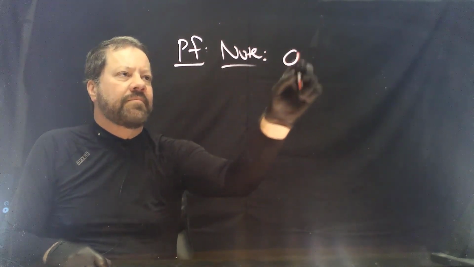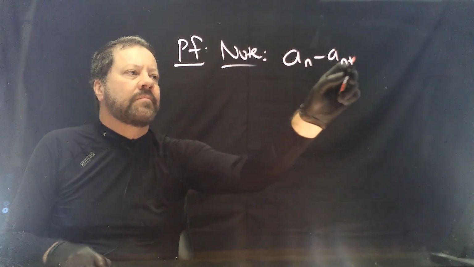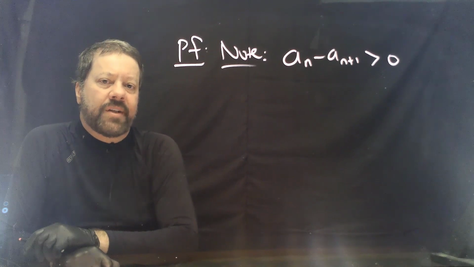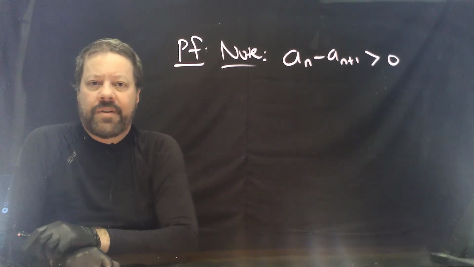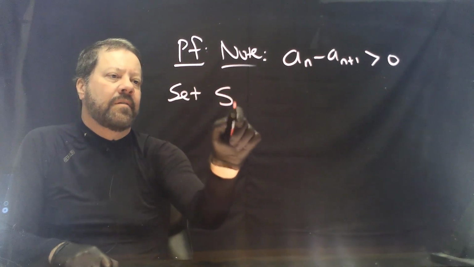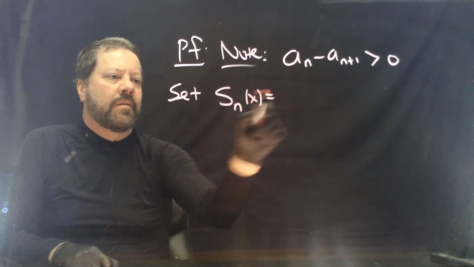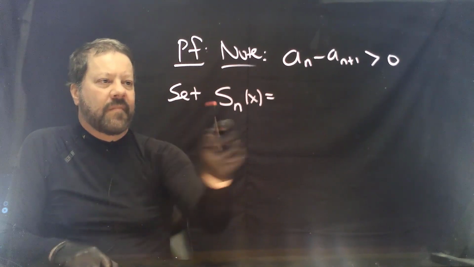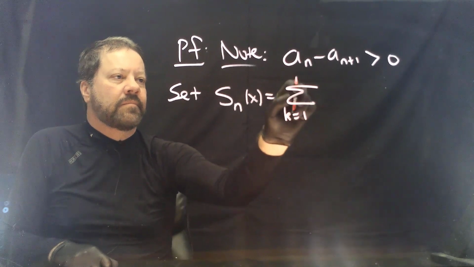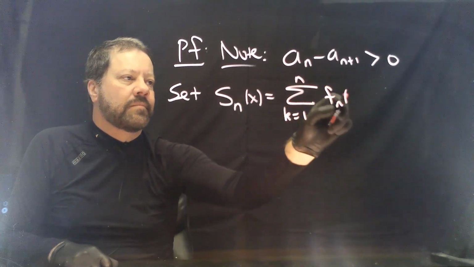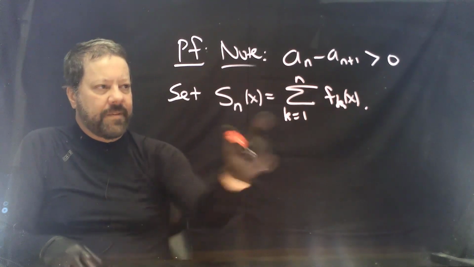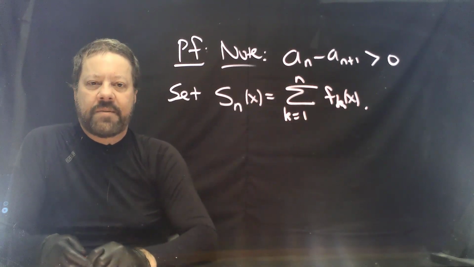Suppose that we had this thing as monotone decreasing, so this difference must be greater than 0. And of course, the nth partial sum will be the sum of the first n terms of this series.